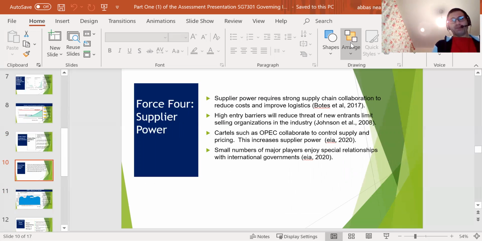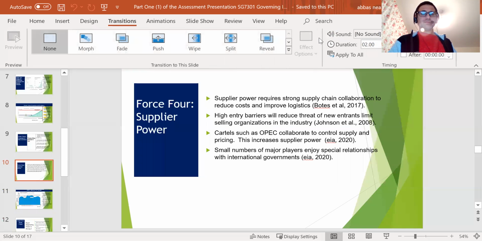Force 4. Supplier power. A supplier with a strong and efficient supply chain will be more attractive to a buyer. Cost-effective and efficient supply chains are a strong incentive for potential buyers.